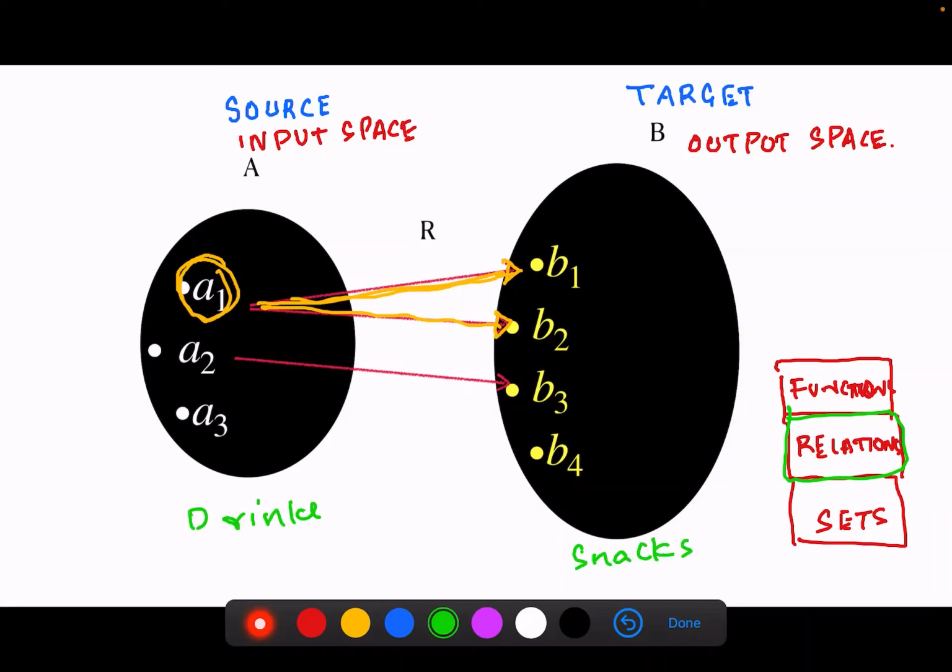For example, A1 may be tea. While I have tea, sometimes I like Parle biscuits. So I have a connection between tea and Parle biscuits, right? Do you like Parle biscuits with tea? Have you tried?